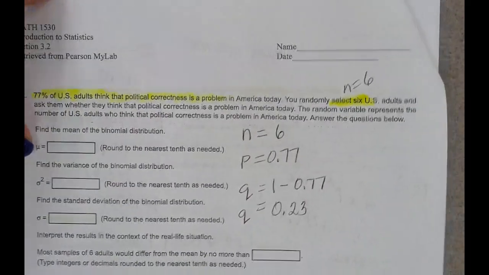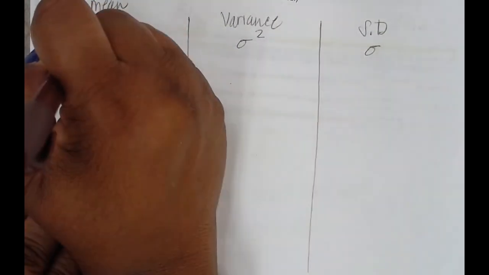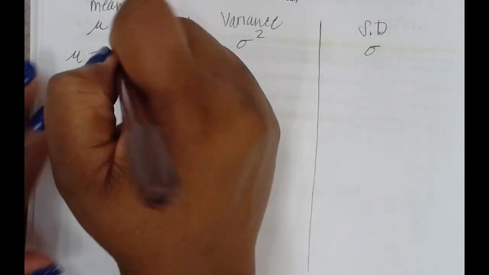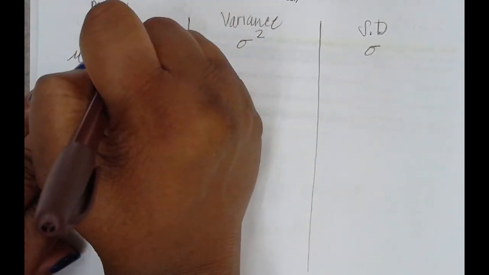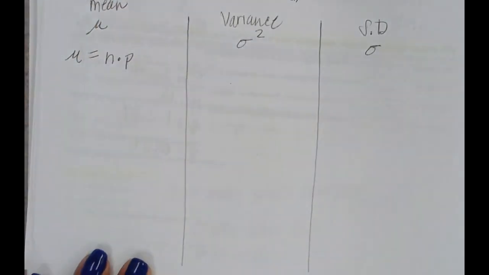Let's go down and find our mean, variance, and standard deviation. Alright, for the mean, remember mu is found by multiplying the number of trials times the probability of the favorable part of the binomial, the two things.